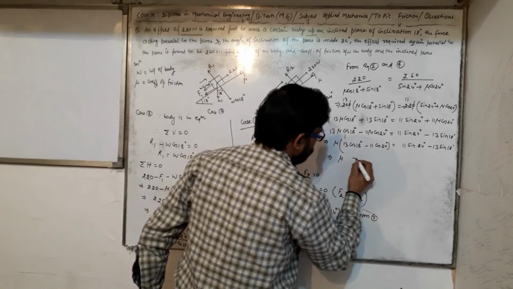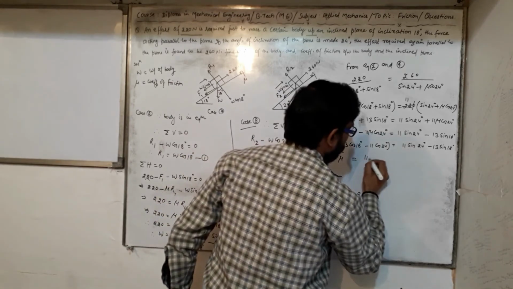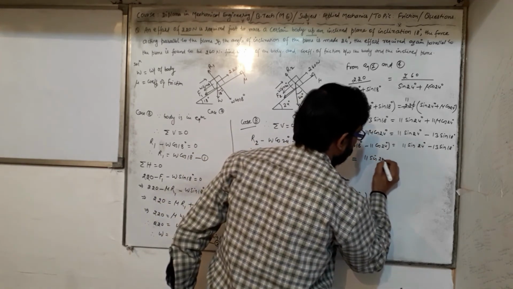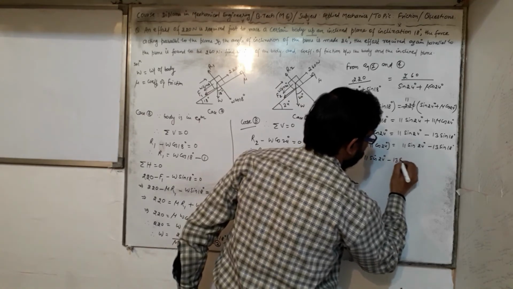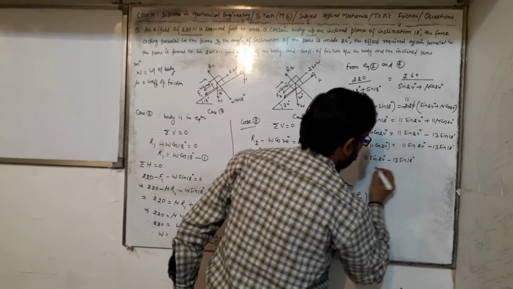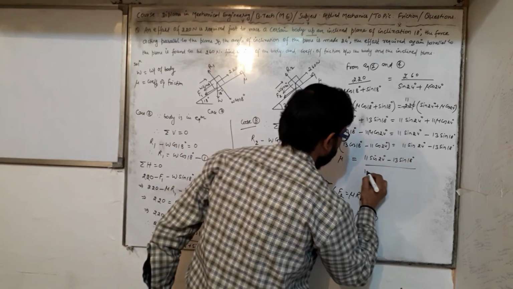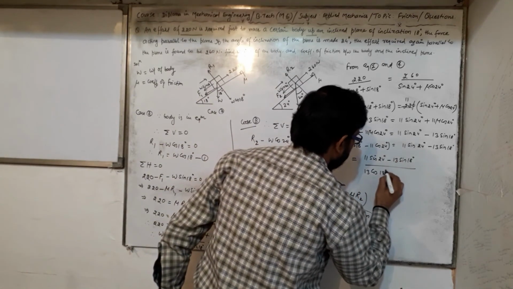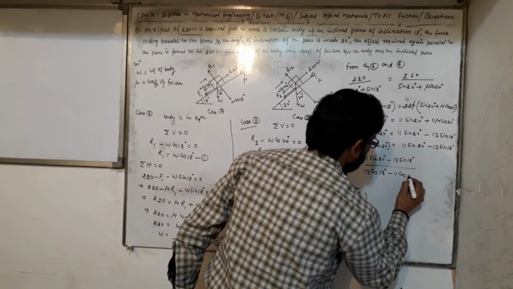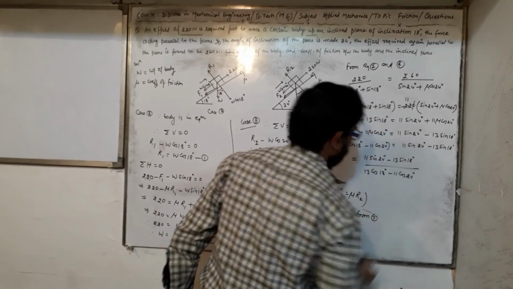So mu becomes 11 sin 24 degree minus 13 sin 18 degree, whole divided by 13 cos 18 degree minus 11 cos 24 degree, because it is multiplied.